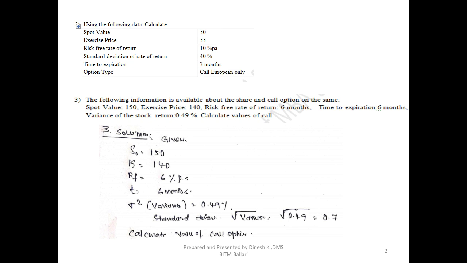The square root of 0.49 comes out to be 0.7, so the standard deviation is 0.7. Again, the underlying asset has no income history. Apply the case 1 formula and get me the solution. This is about question 3.